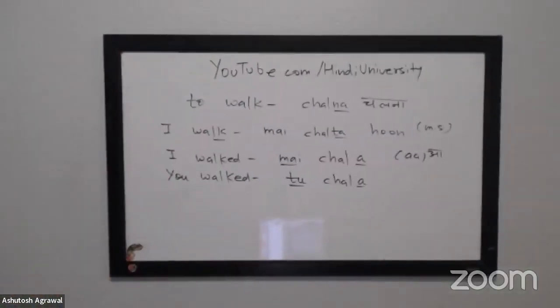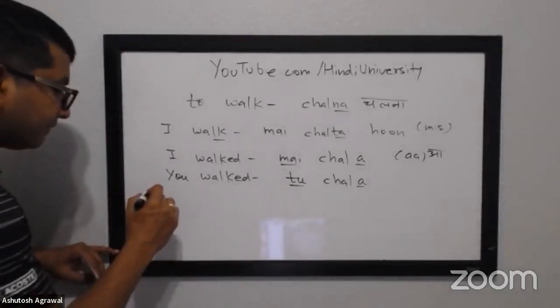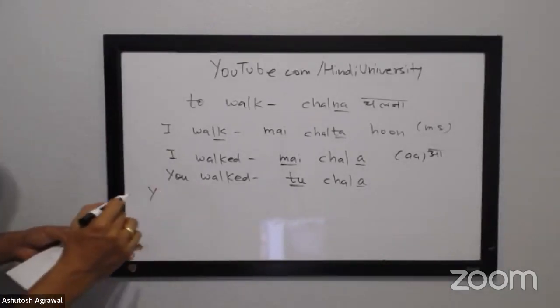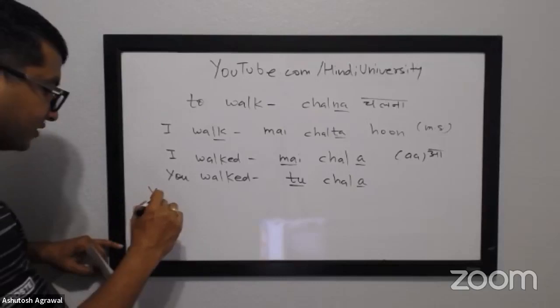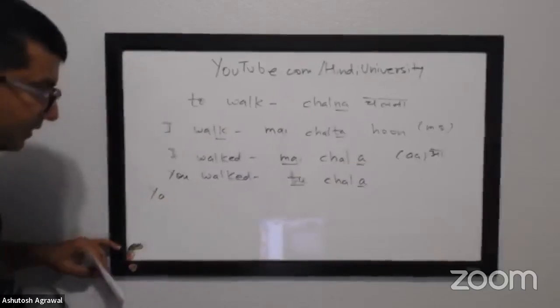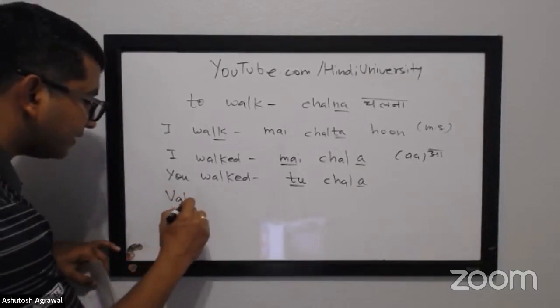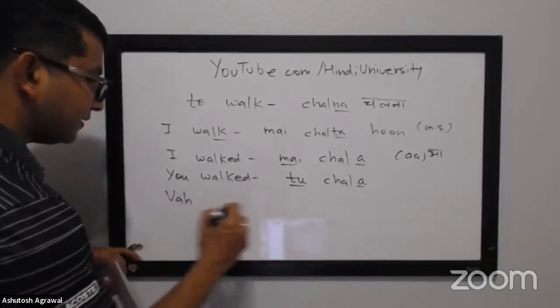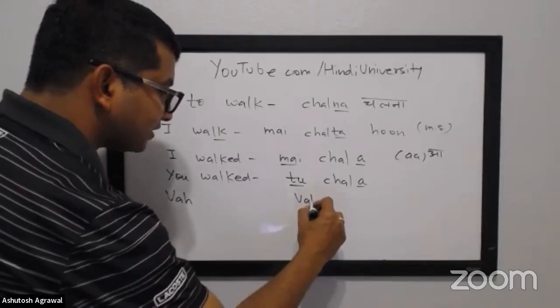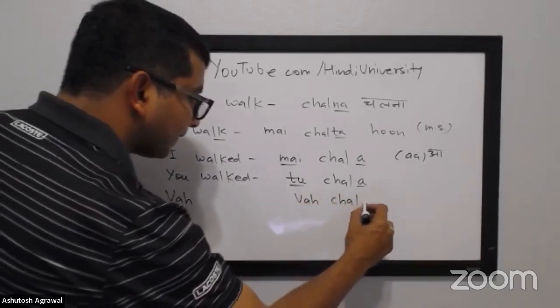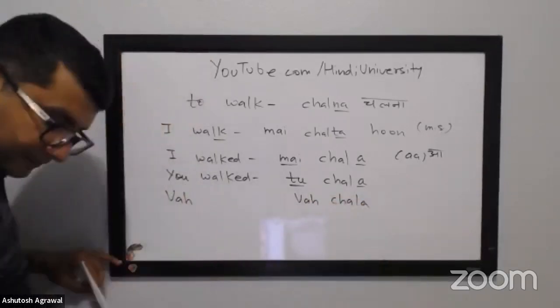Okay. Similarly, yeh and veh, so he and she. So veh for masculine singular will be veh chala. Same thing, right? Veh chala, which is he walked.